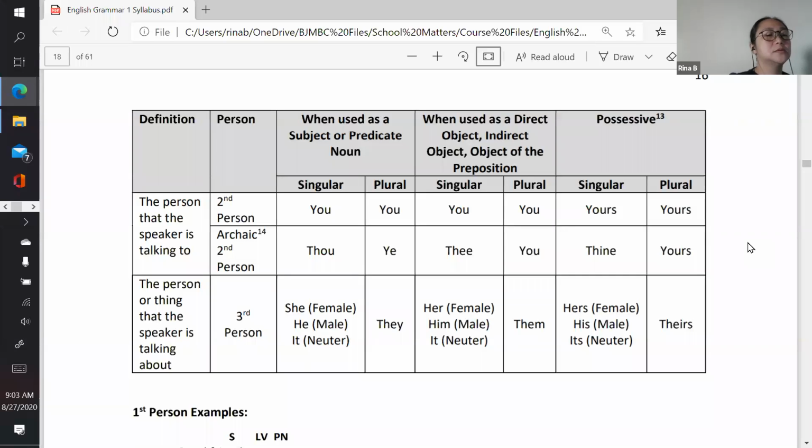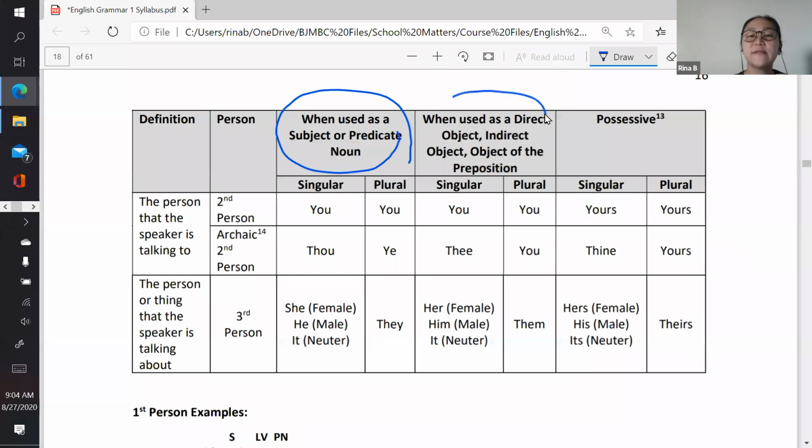The things that I highlighted are the fact that personal pronouns have subjective forms and objective forms. And the way that you determine which to use: will you use she or will you use her?